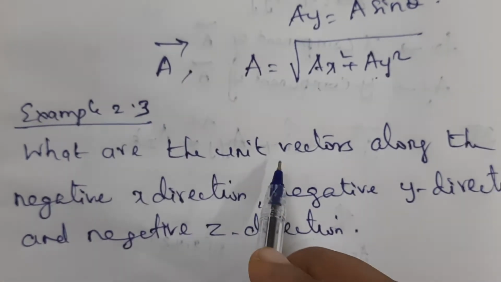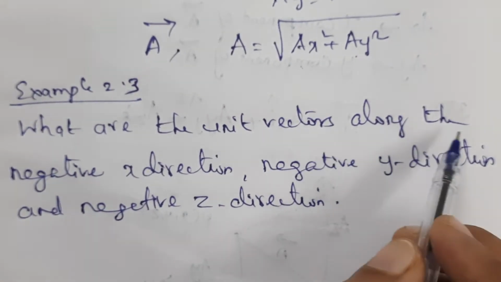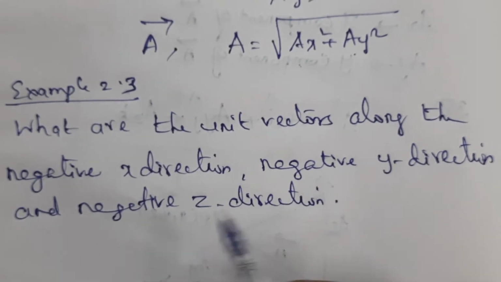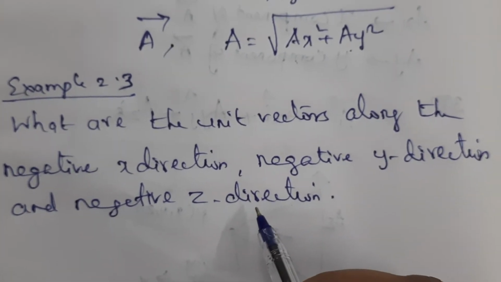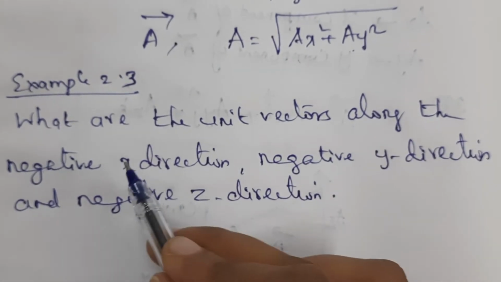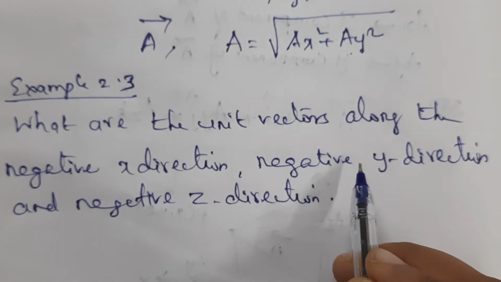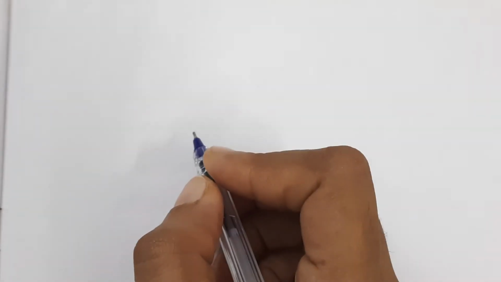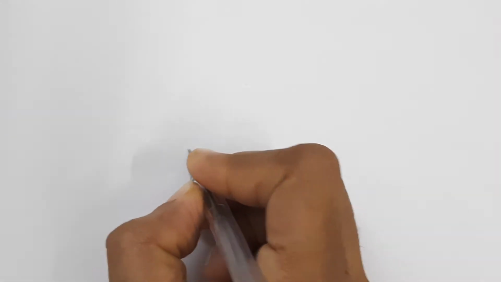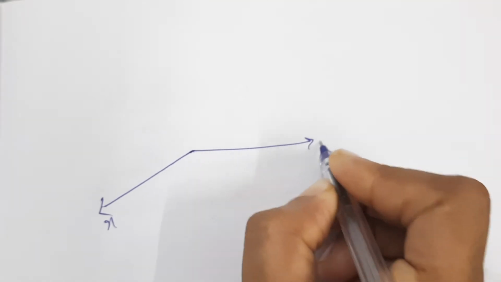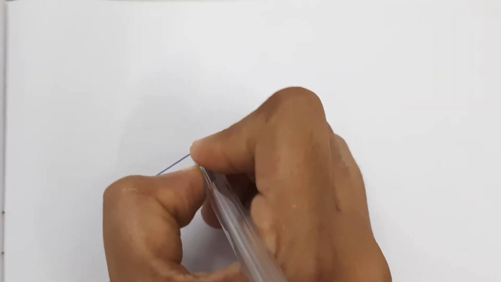What are the unit vectors along the negative x direction, negative y direction and negative z direction? See here. So this is the x axis. This is the y axis.